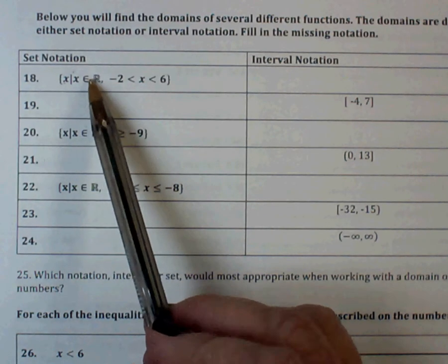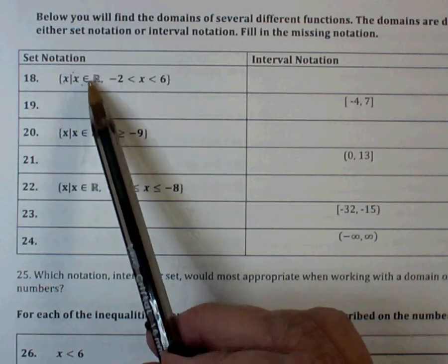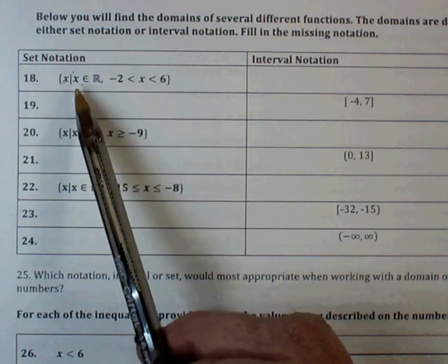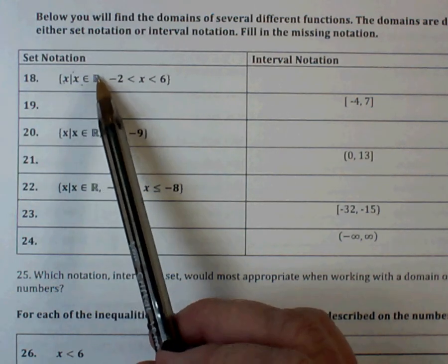This little thing that looks like an E, I kind of think of it as pointing towards what it is a member of. So X is a member of the real numbers.